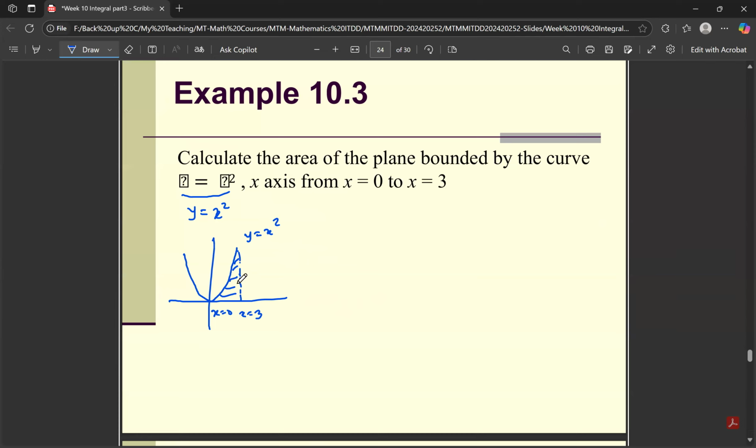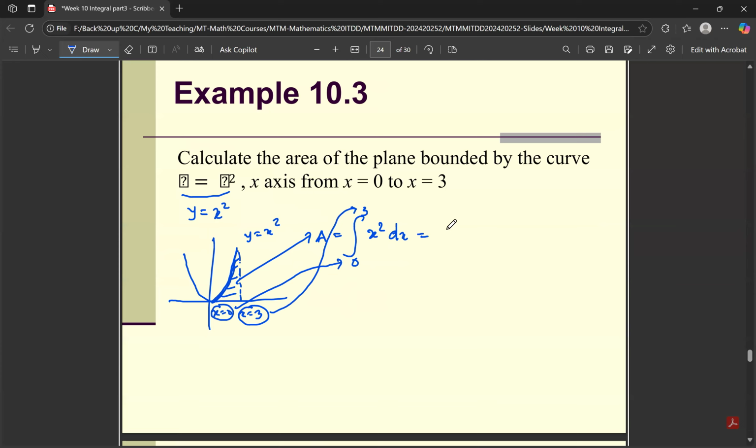This area can be calculated by using the integral. The function will be f(x), so x squared, and then we integrate over x, with lower limit 0 and upper limit 3.